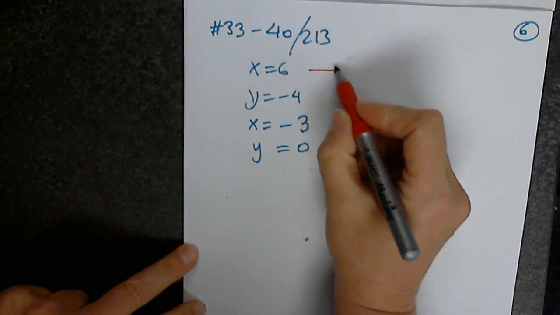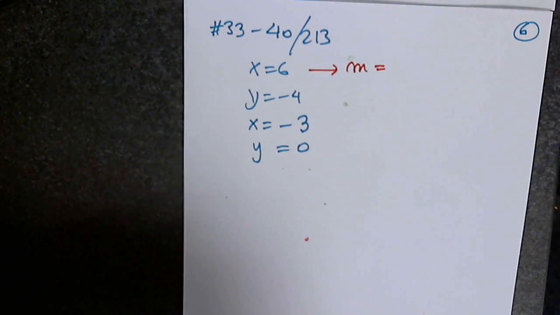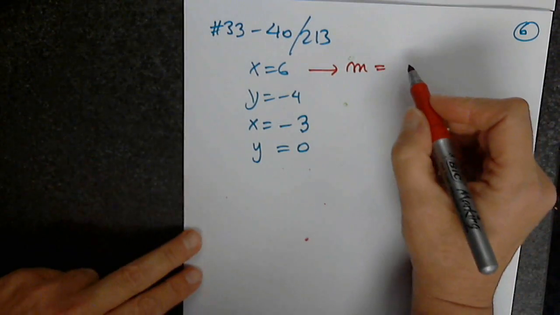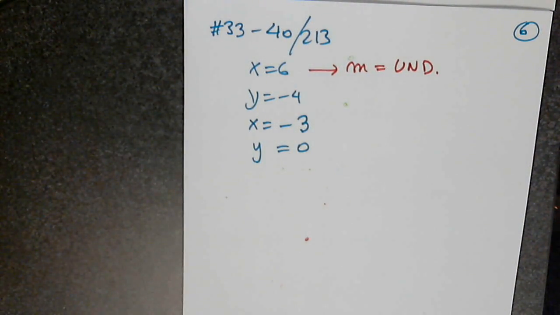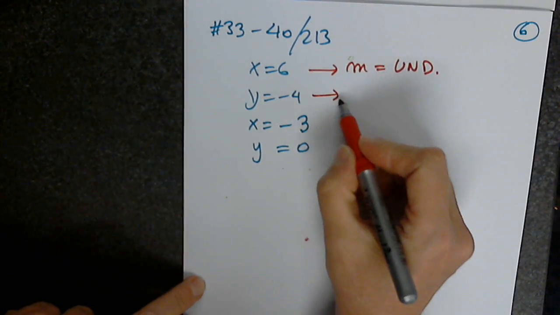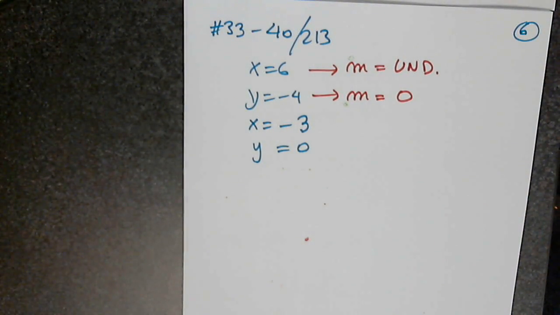The slope of this line is? I'm sorry. Very good. It's a vertical line, so therefore the slope must be undefined. Excellent. What about this one? Very good. It's a horizontal line. That's why the slope is 0. Very good.